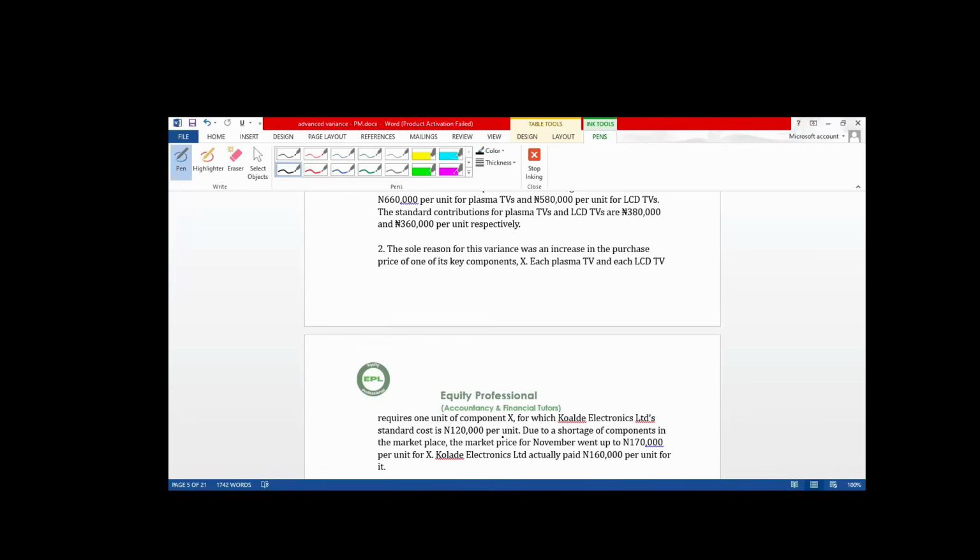That 170 is the standard price without error, a revised standard. Colade actually purchased for 160. That is, actual material price is 160.